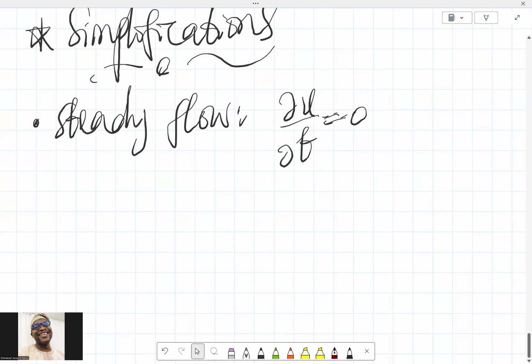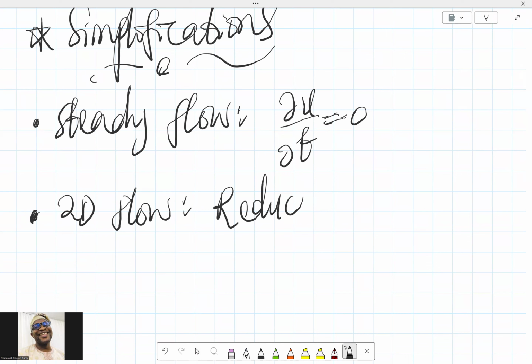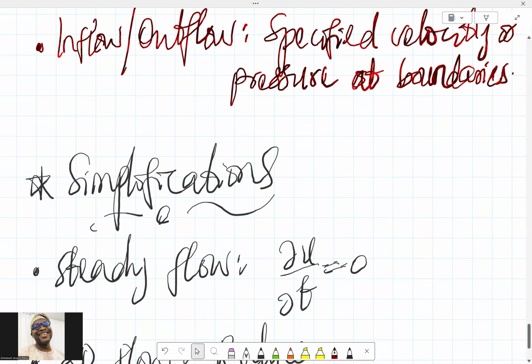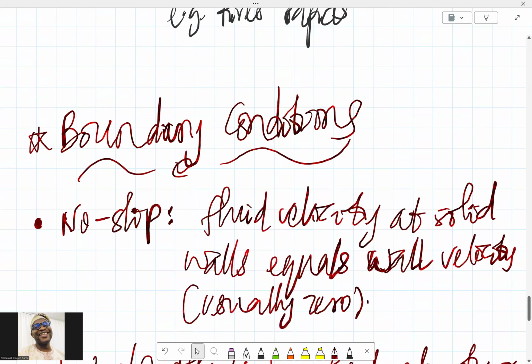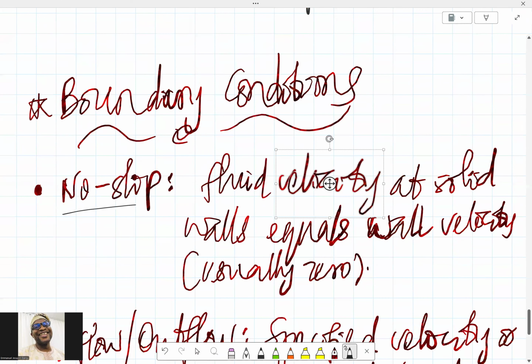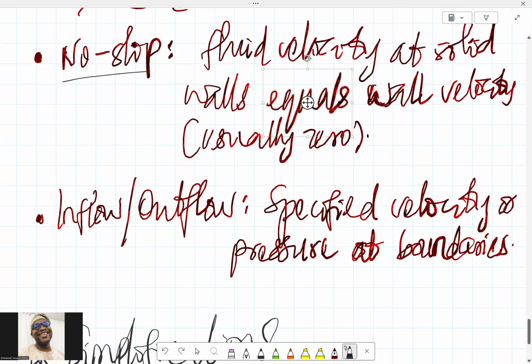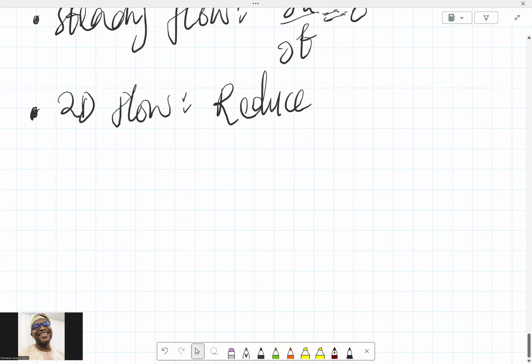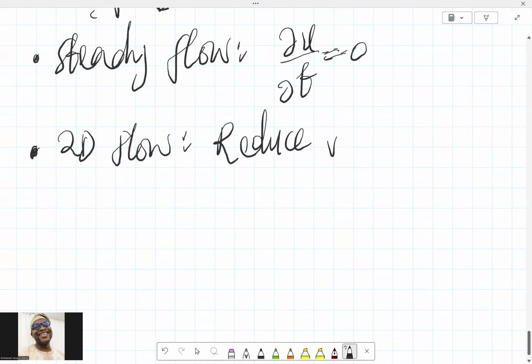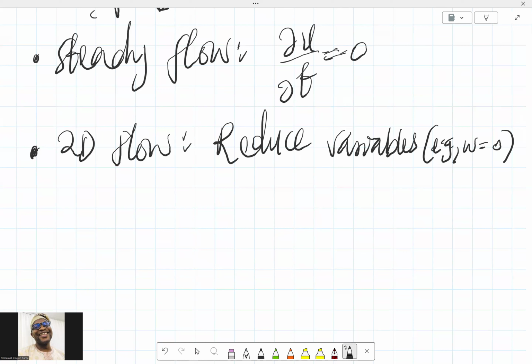Then you have 2D flow, where you reduce variables. So you can say, for instance, w is 0, that's like the third dimension is 0.